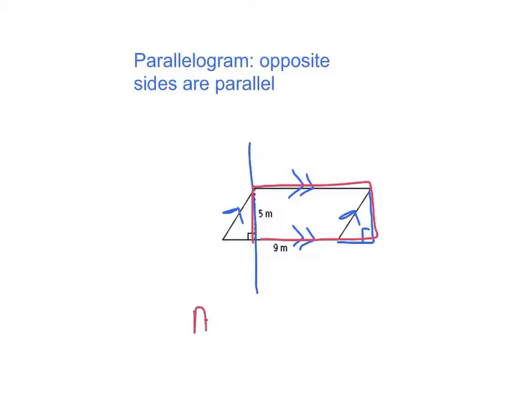So the area of that piece would be base times height, or 5 times 9, which is 45 square units. So the area of a parallelogram is still the base times the height. The key idea is the base and the height have to be perpendicular right here. They have to make that right angle.